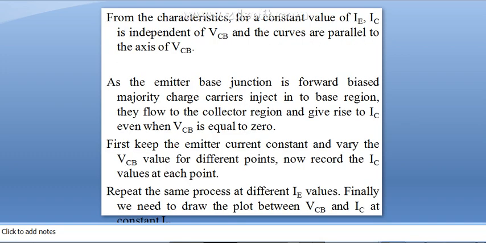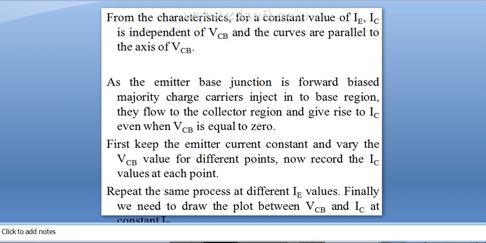From the characteristics, for a constant value of IE, IC is independent of VCB and the curves are parallel to the axis of VCB. As the emitter base junction is forward biased, majority charge carriers inject into the base region and they flow to the collector region and give rise to IC even when VCB is equal to 0.